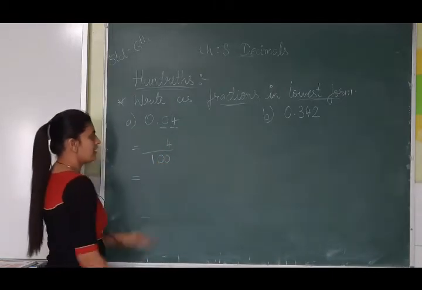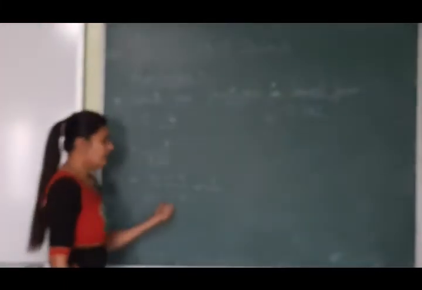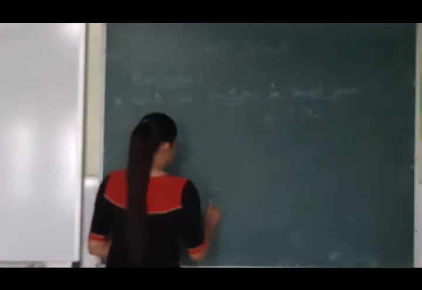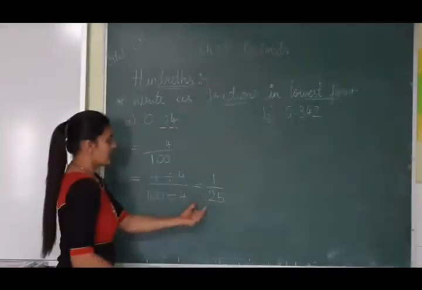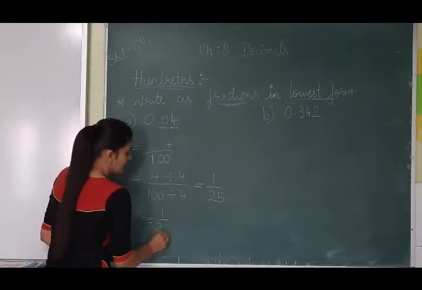Now 4 by 100, both will be available in which table? The table of 4, so 4 divided by 4 and 100 divided by 4. So 4 divided by 4 is 1, 100 divided by 4 is 25. So the final answer is 1 by 25.